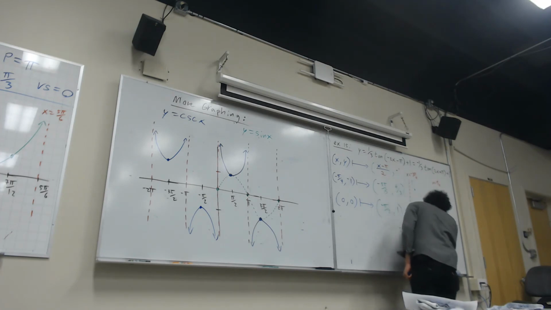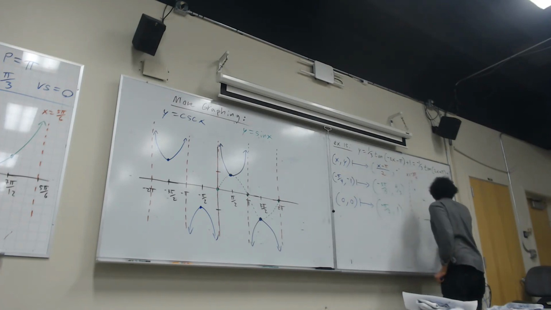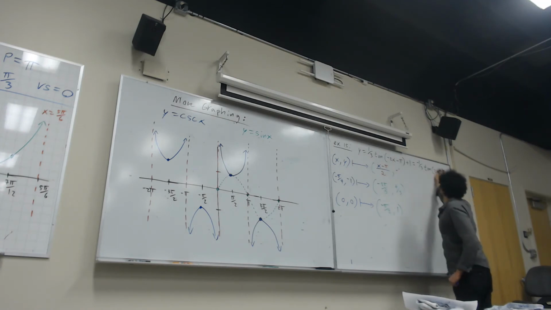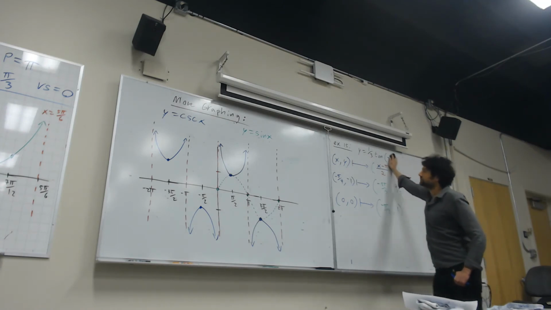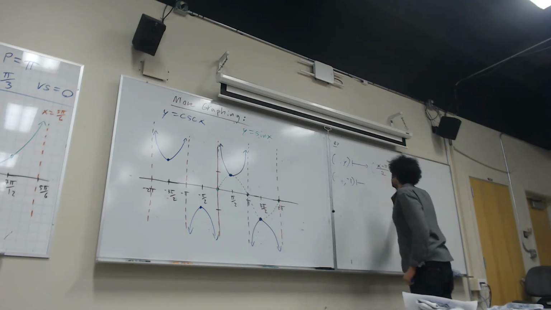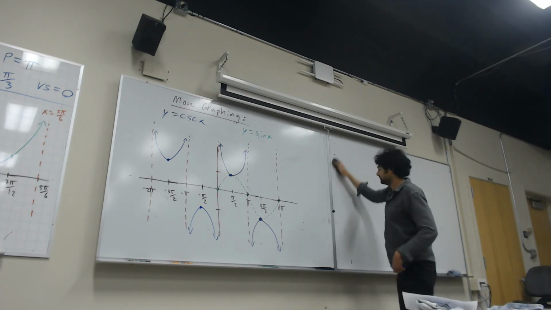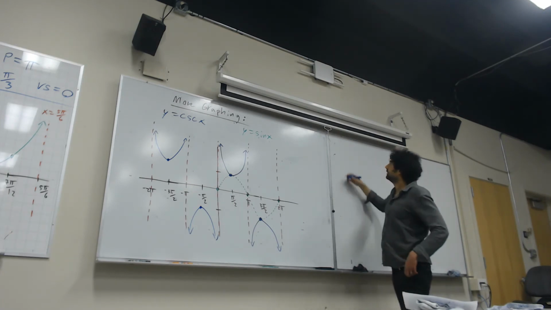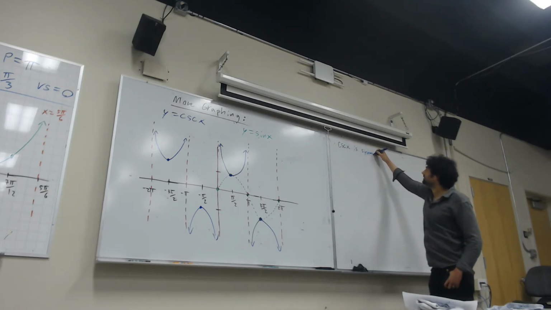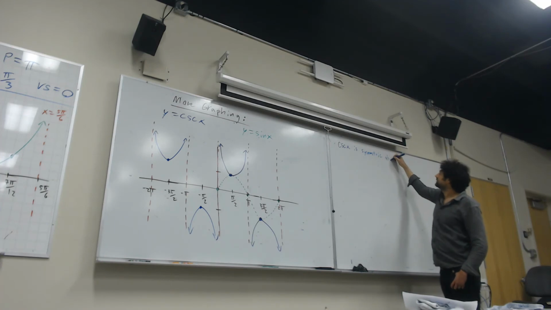What can you say about its domain? So cosecant x is symmetric about the origin.